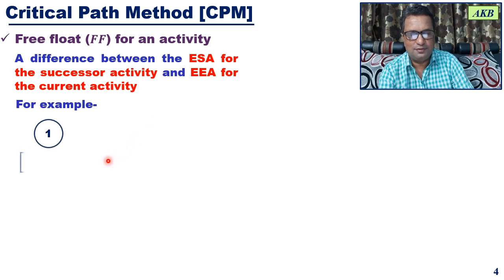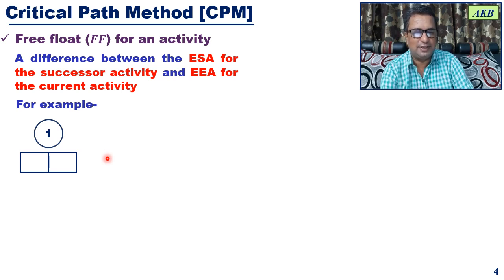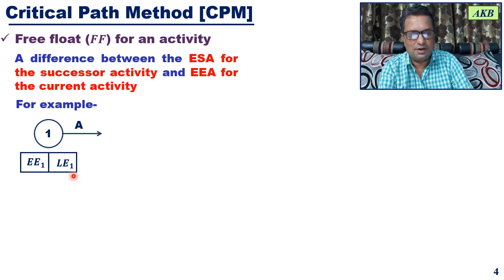So you have event 1, again the same simple example, because that will help you in understanding the concept. Event 1 has earliest event time EE1 and latest event time LE1. You have activity A that is going to proceed for duration DA. It will complete at event 2, which has earliest event time EE2 and latest event time LE2.